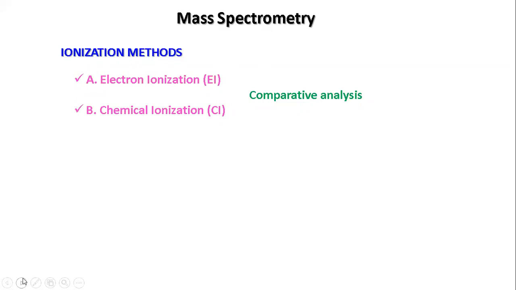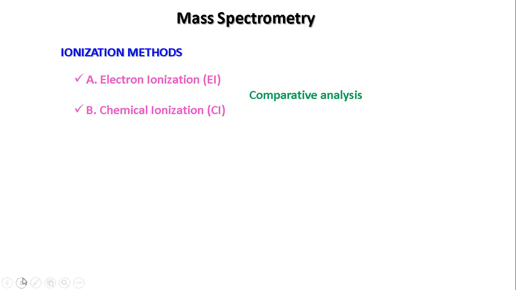In chemical ionization, instead of directly hitting the targeted molecules with the electron beam, a supporting gas is used. You insert that gas first, and it collides with the electron beam and generates the ions, and then those ions react with your target molecule, which is inserted later on.